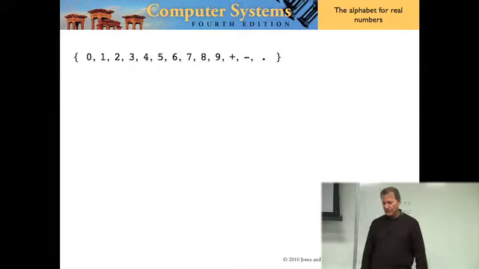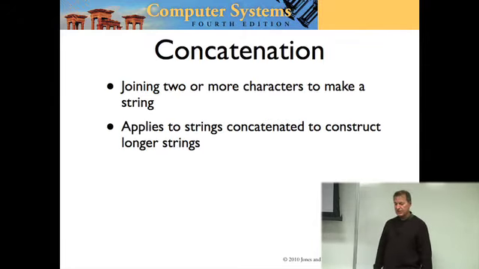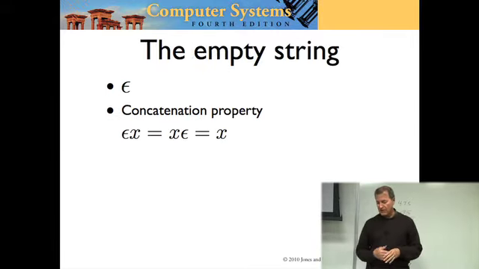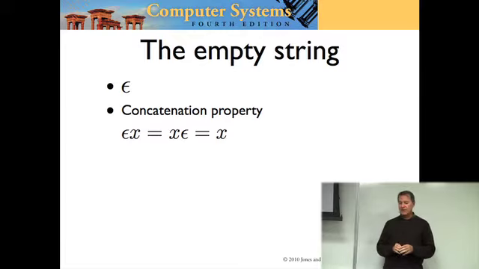Like we said before, concatenation is the joining together of two or more characters to make a string, and you can also join together strings to make longer strings. And the empty string we're going to denote by the letter epsilon. So epsilon is the empty string. We don't have a binary infix operator symbol for concatenation.